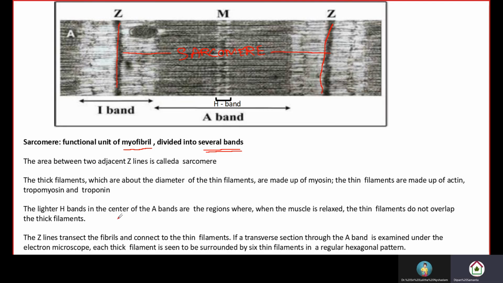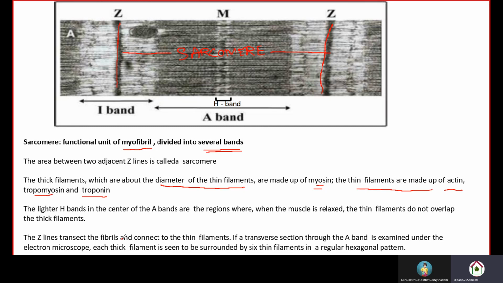This is sarcomere. And the thick filaments, which are about the diameter of the thin filaments, are made up of myosin. The thin filaments are made up of actin, tropomyosin, and troponin.